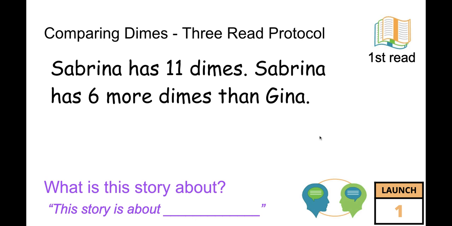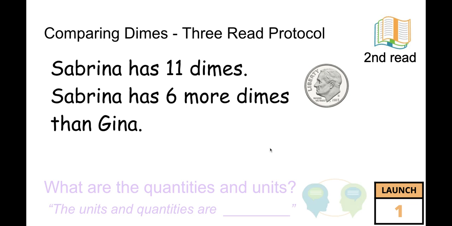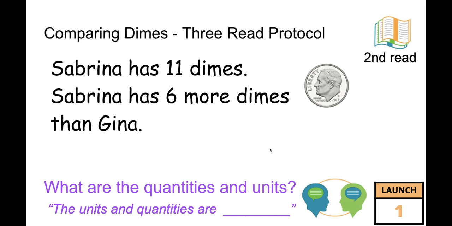Let's keep going. Sabrina has 11 dimes. Sabrina has 6 more dimes than Gina. Now, what are the quantities in units? Remember, quantities refer to numbers, and units refer to what it is that the number is talking about.